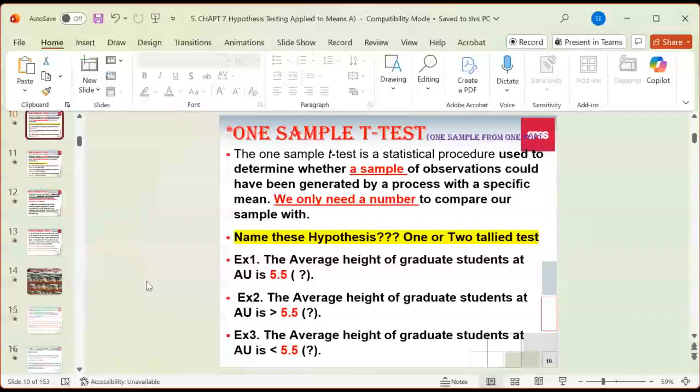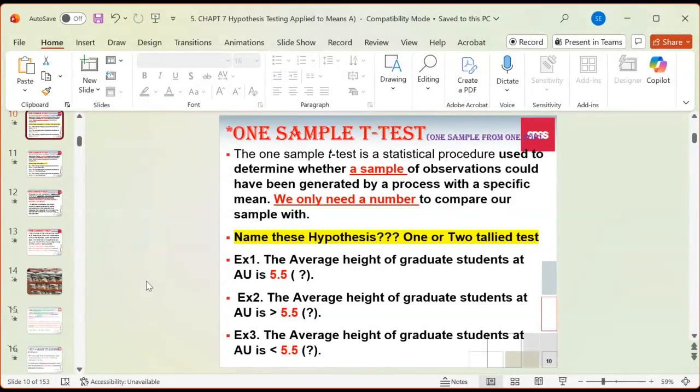But for the t-test, why do we use the t-test in the first place? Because we don't know the mean for the population. Therefore, we have to estimate it by using the estimated standard error, by using our sample standard deviation and variance, either or.